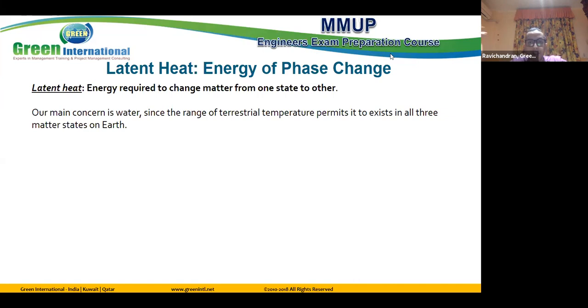So if I add heat to a body, this heat goes to one of two, not both together. It goes either to latent heat or to sensible heat. If it goes to sensible heat, it just raises the temperature from one temperature to another. But for latent heat, it changes the phase. The temperature stays the same, and I add this heat just to change phase from solid to liquid, from liquid to gas. That's it. So the latent heat definition is the energy required to change matter from one state to another.